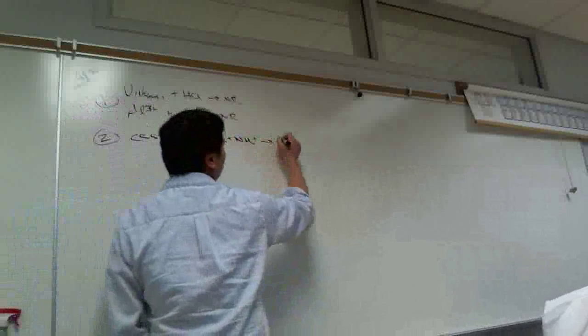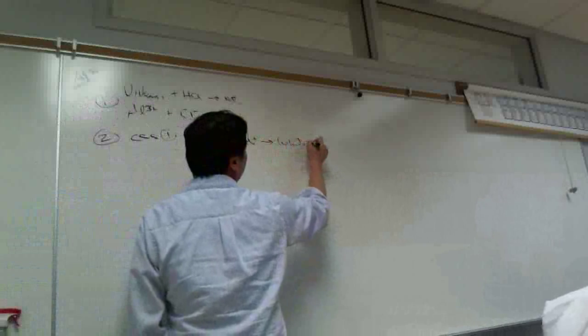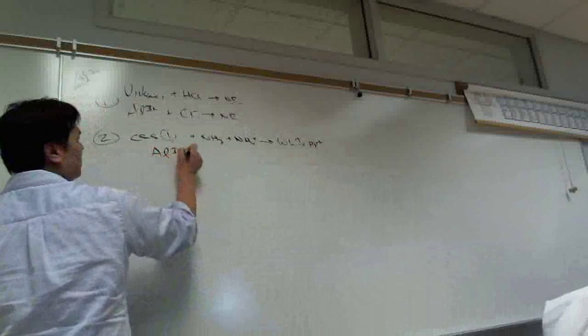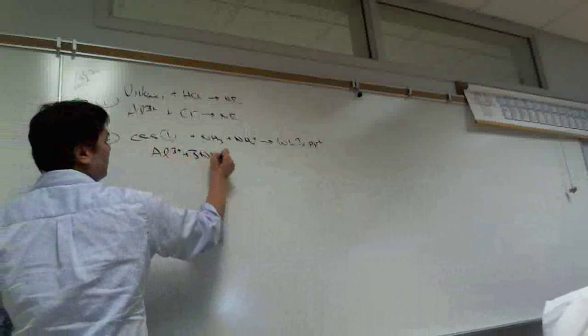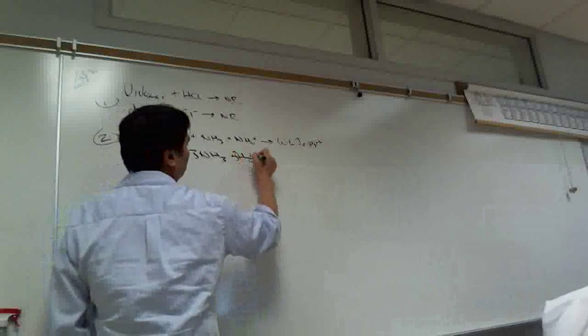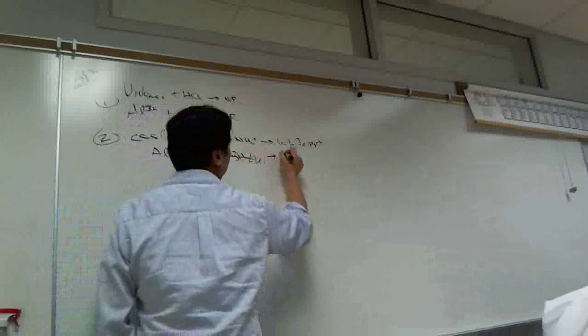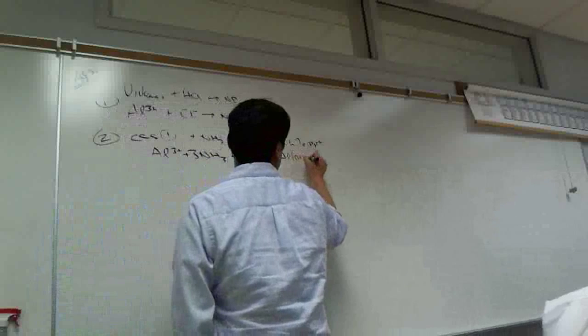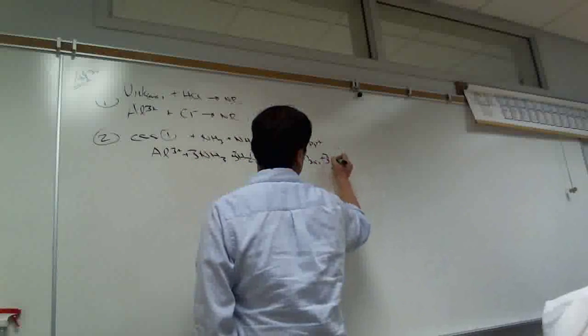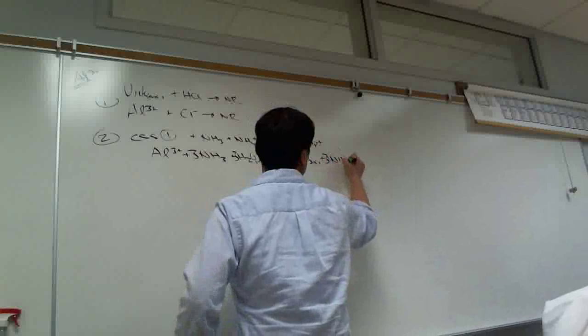And from this we should get a white and a gelatinous PPT. And the equation for this reaction is this. Gives us the aluminum hydroxide solid plus 3 ammonium.